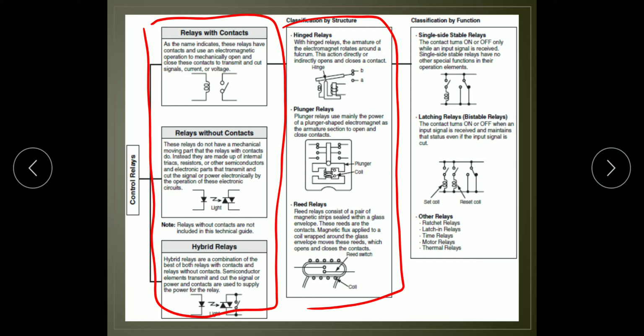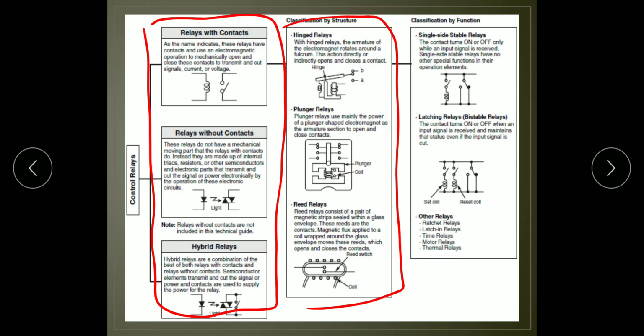After that, the classification by its function. So it is single side, double side relays, and latching relays, that is nothing but bistable relays. In a single side stable relay, the contact turns on and off only while an input signal is received. Single side stable relays have no other special function in their operation element.